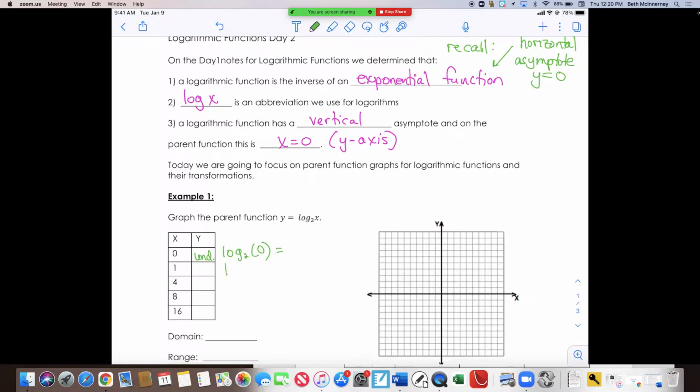Now, on your graphing calculators, you're going to do log base 2 of 1. I'm so pleased to see all the graphing calculators. Awesome. So what's happening when you do log base 2, 1? 0. Good job. Then let's do log base 2 of 4.